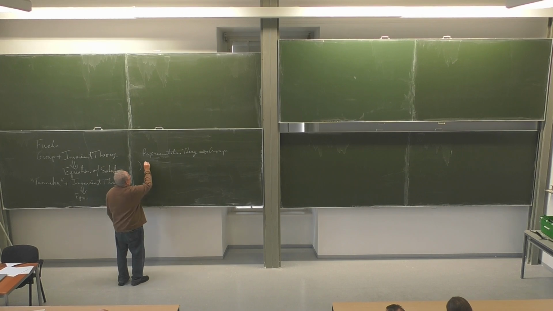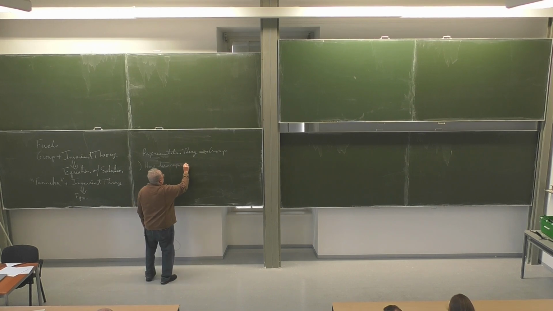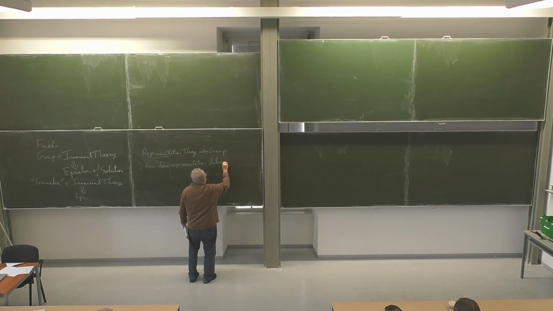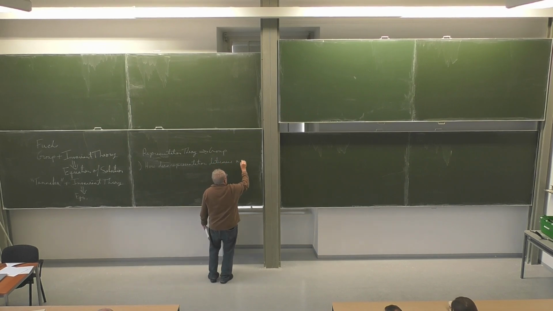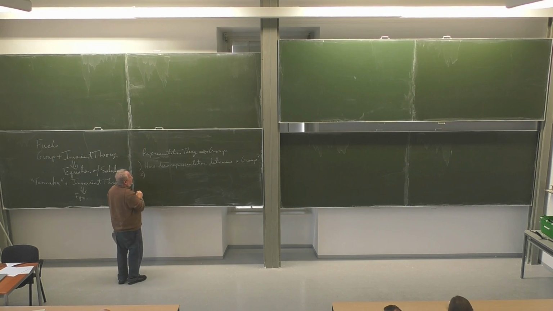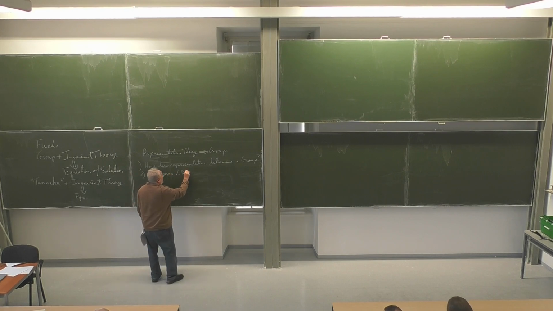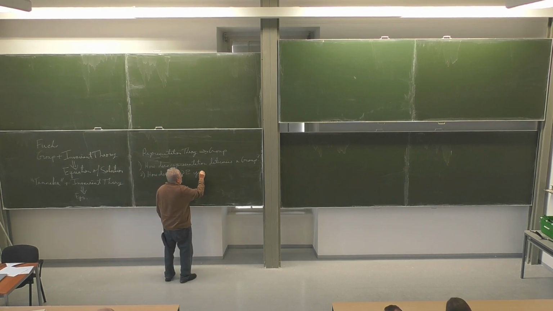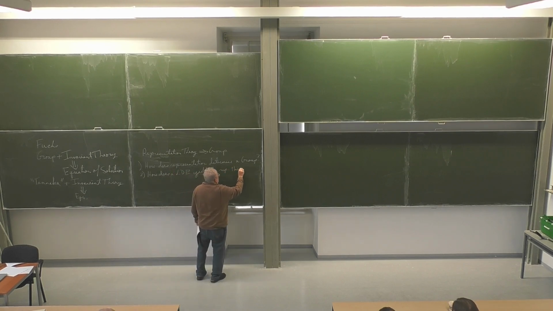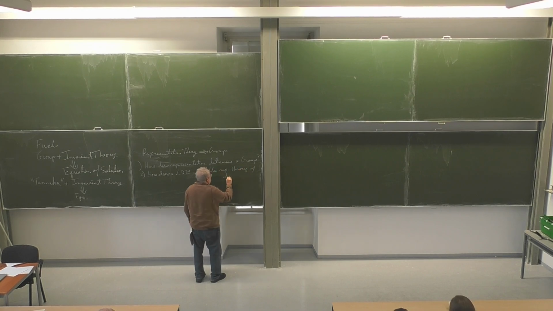The first question is, how does representation theory determine the group? And the second question is, how does a linear differential equation yield the representation theory of its Galois group?